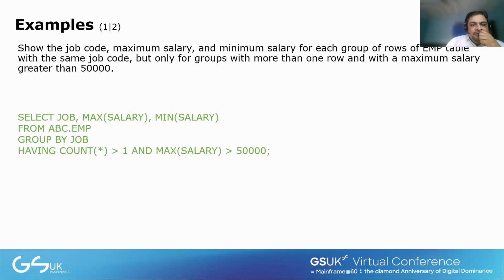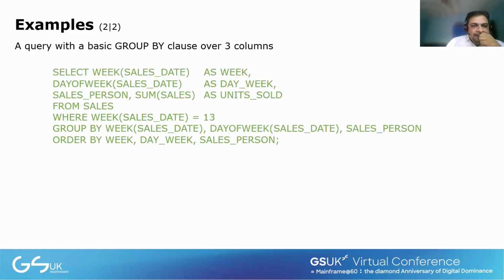Another example of group by, basically you are trying to get sales data on which week and on which day, which salesperson has done most of the sales. So you can group the output in terms of the sales date first, then the week of the sales first, and then after that the day of the week second, and then the salesperson. So that's the order of group by, and then you can order by, you can sort the data in that way.